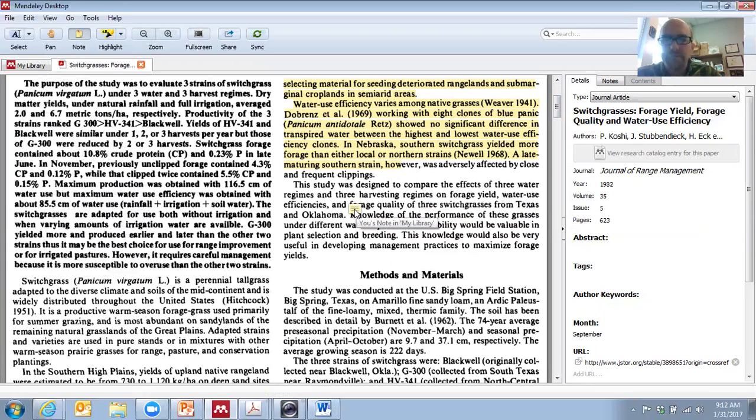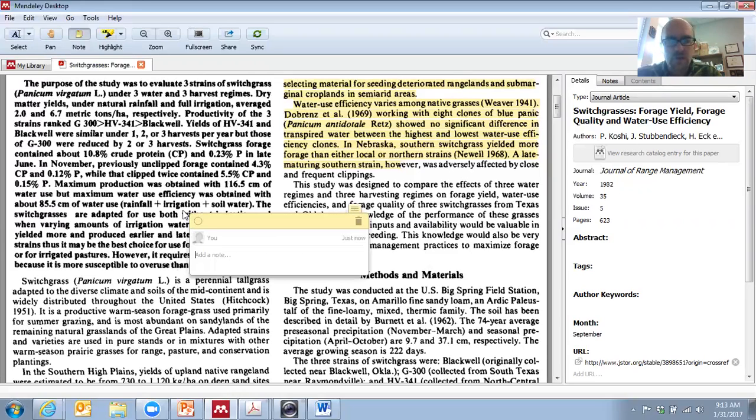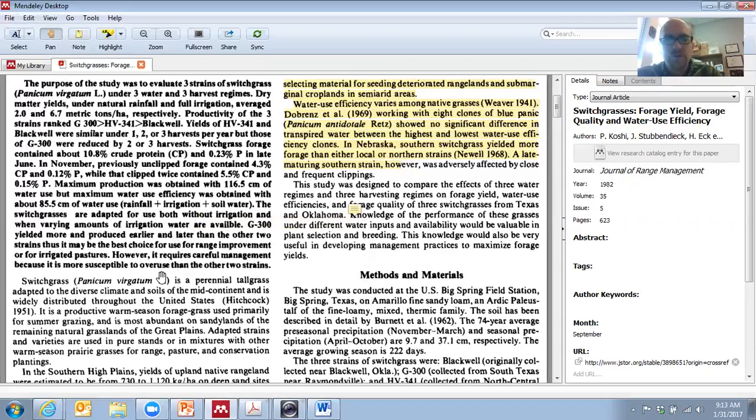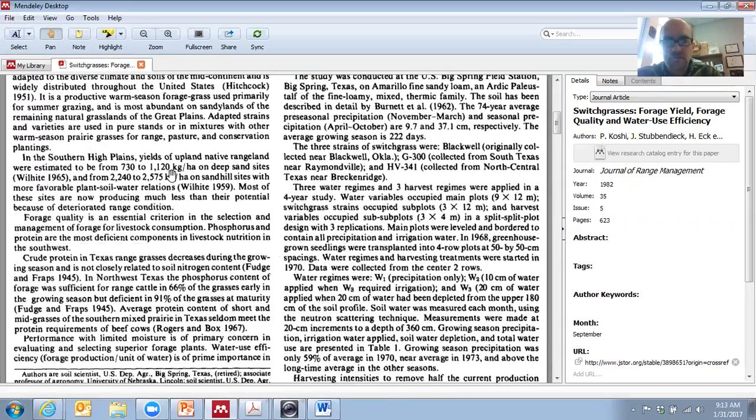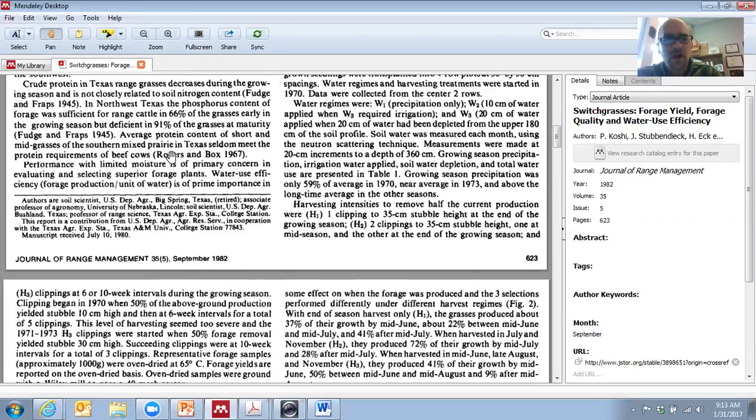Maybe you saw similar information in another paper, you can make a note related to that. So you can do a lot of the same sort of things that you did in that Word document. You can do that here as well. There are a number of different options available here.